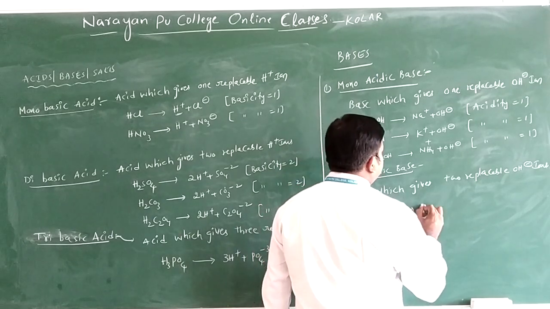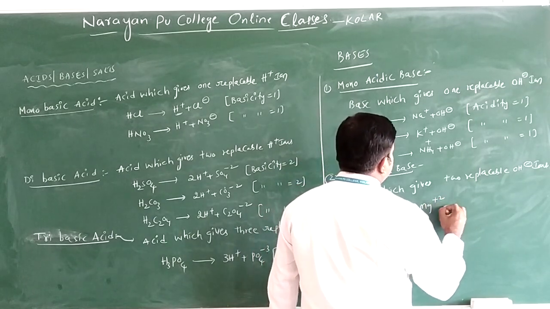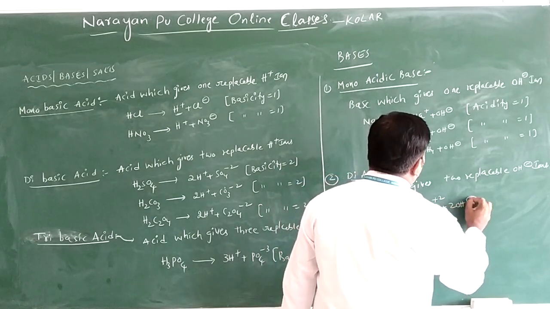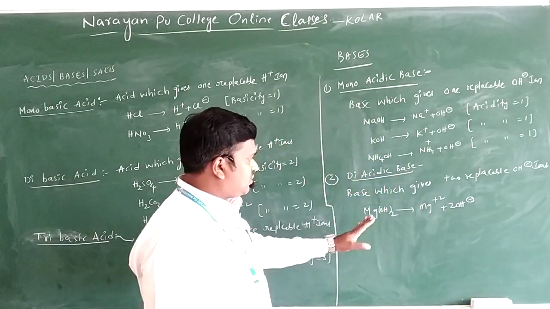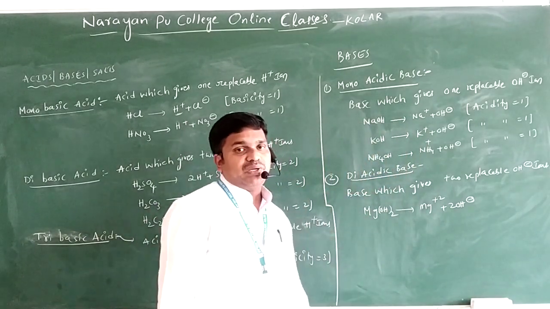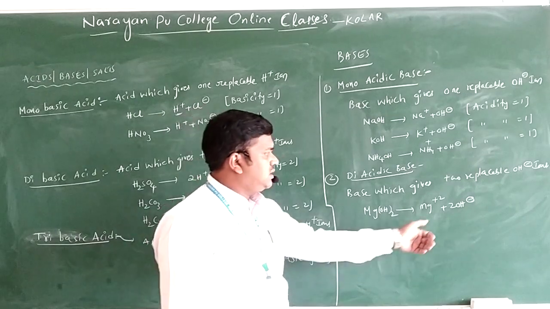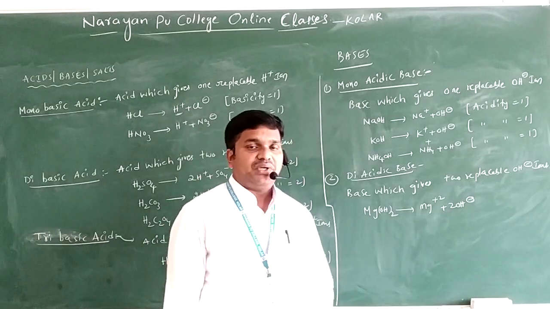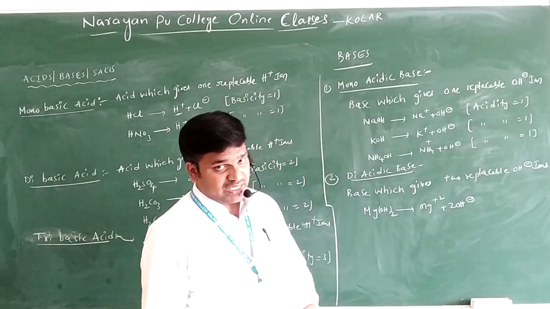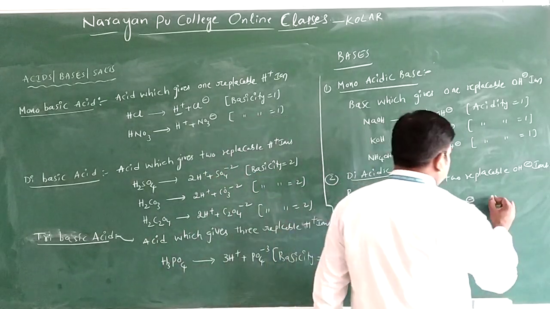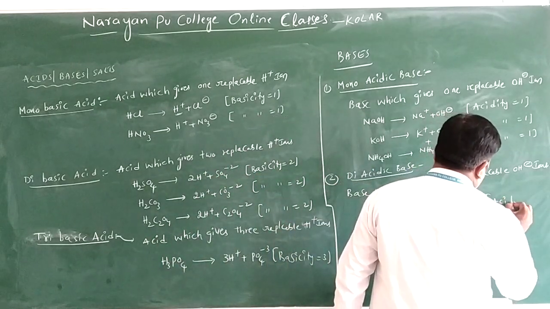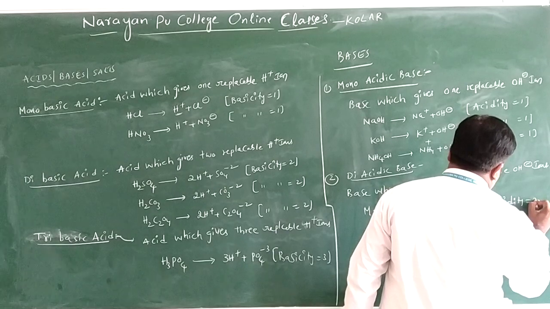It dissociates into Mg plus 2 plus 2 OH minus. Here how many OH minus ions do we have? 2. So what is the acidity? Acidity is equal to 2.